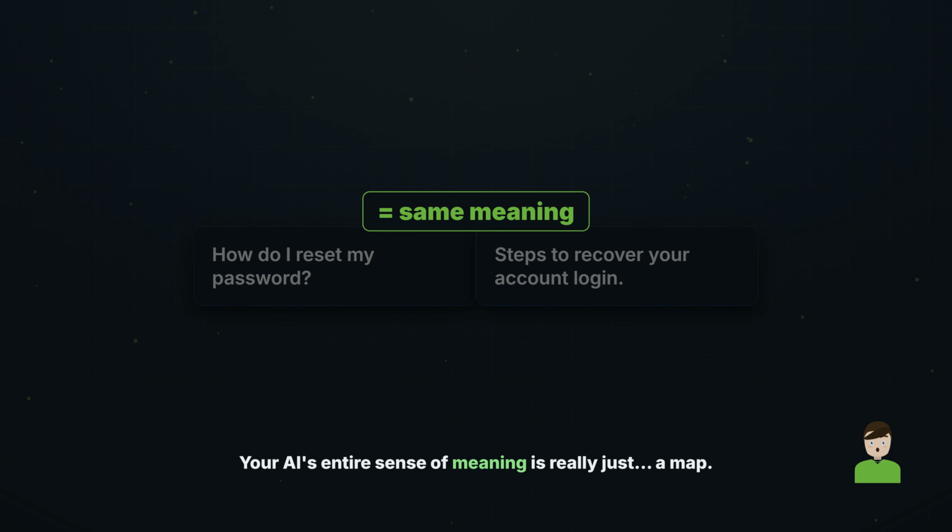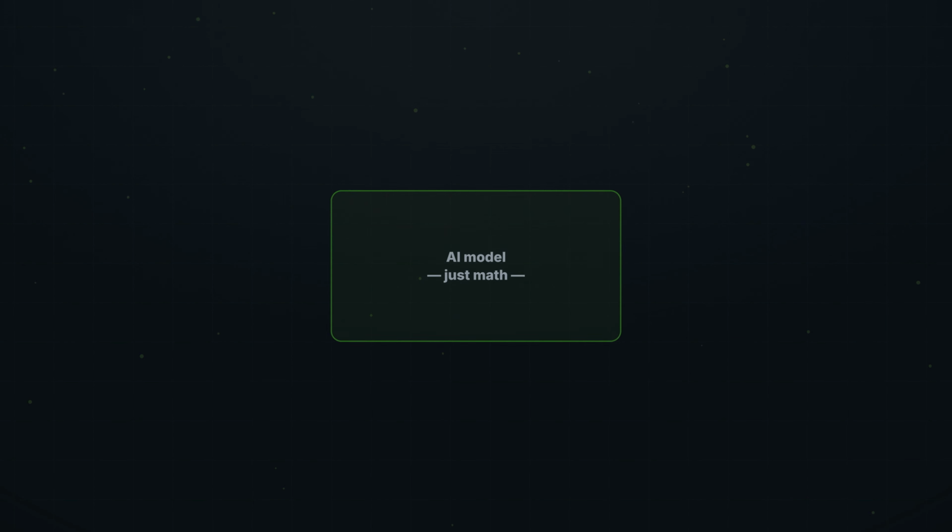That's what embeddings are. And by the end of this video, you'll see your AI's entire sense of meaning is really just a map. Quick grounding, because this is the part that clicks for people. An AI model is underneath just a giant math machine. Multiply and add billions of times. And math doesn't work on letters.